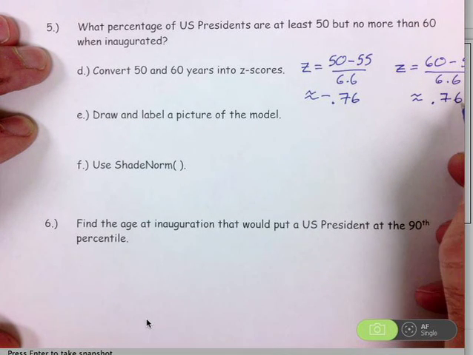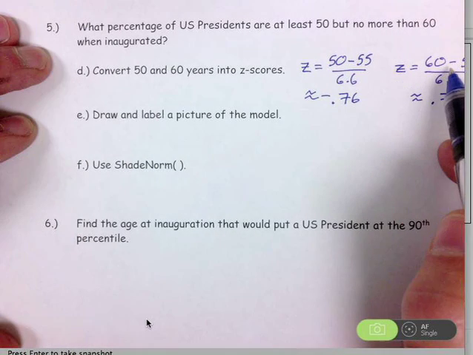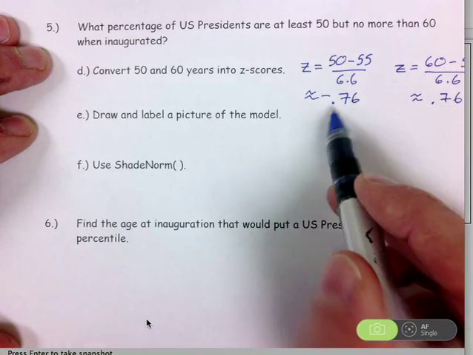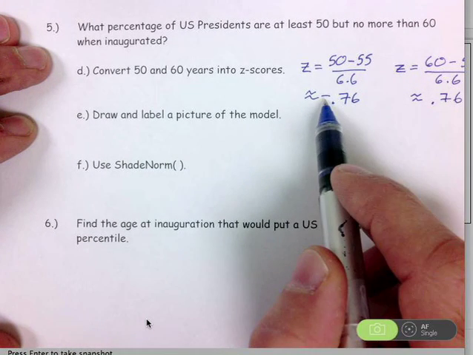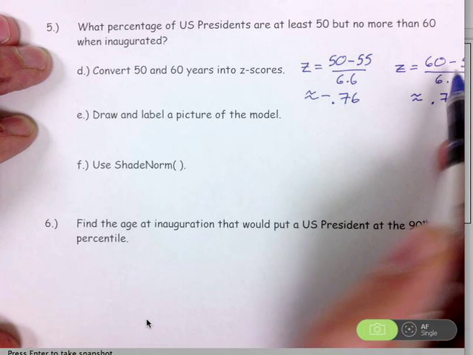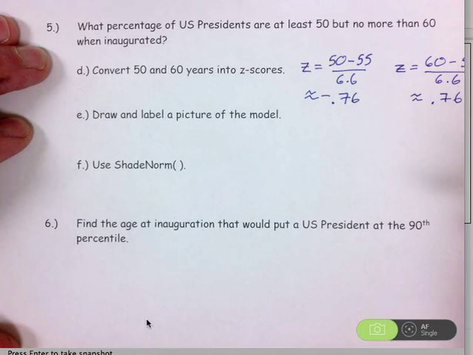The normal density function is perfectly symmetric. So here, 5 units below the mean and 5 units above the mean are the same distance, so they should be the same number of standard deviations from the mean. It's just that one is below, so the z-score is negative, and this one is above, so the z-score is positive. You're welcome to take 5 and divide by 6.6 if you want to. It's the same thing.